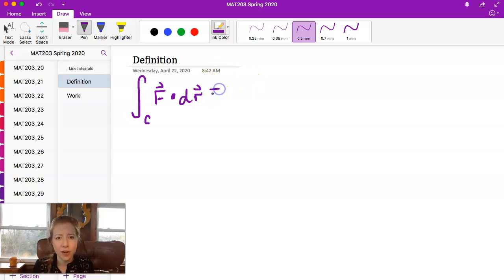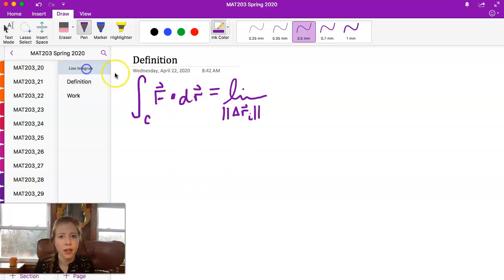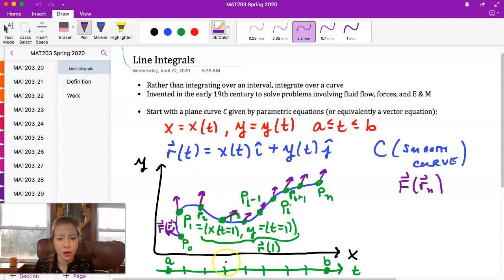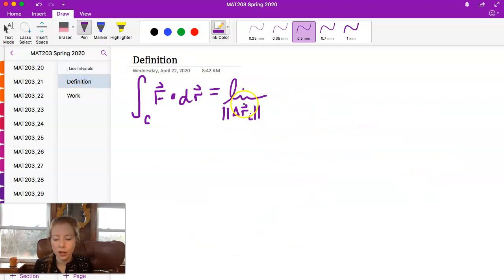And so by formal definition, it's going to be the limit as the magnitude of our differences in position, each one, so those increments, those size increments here along this timeline, approach 0.